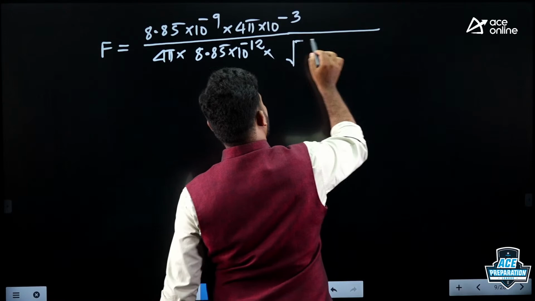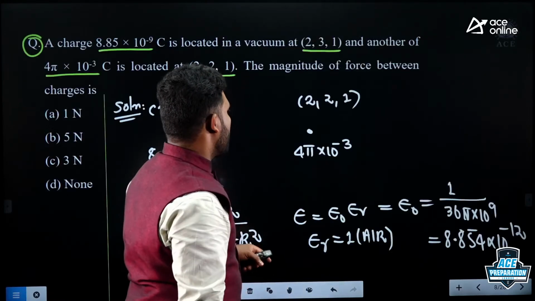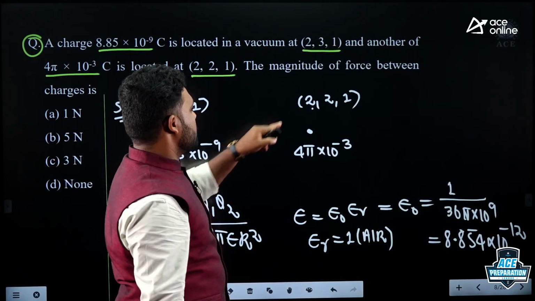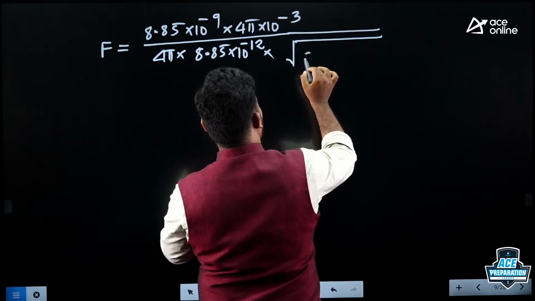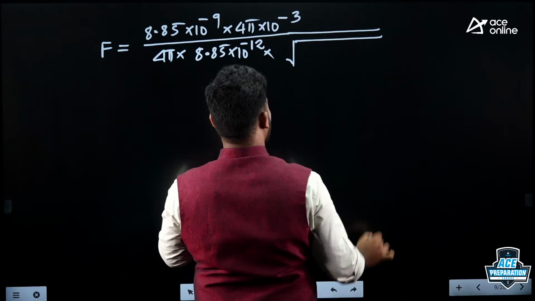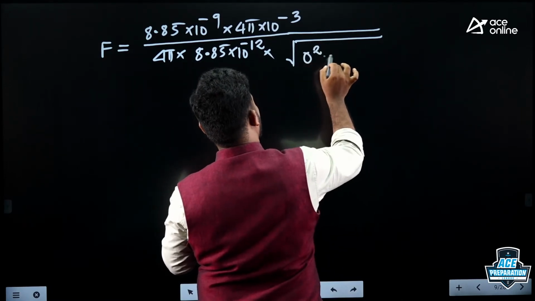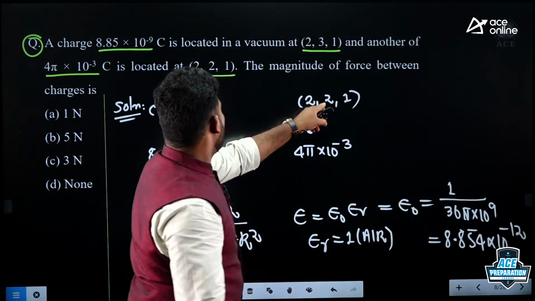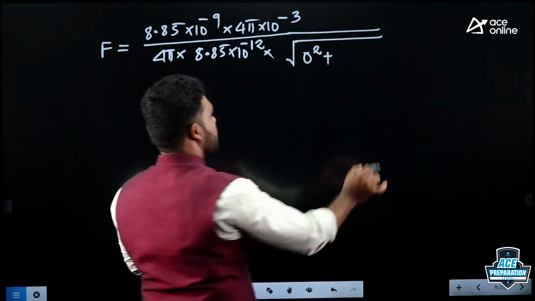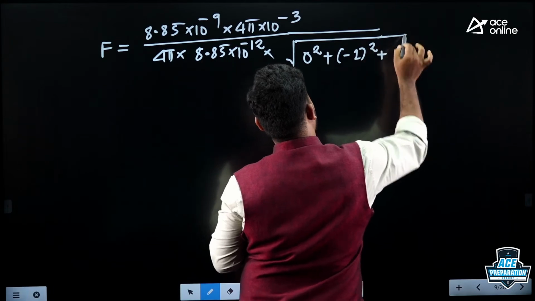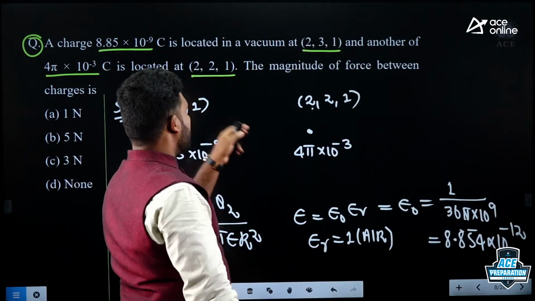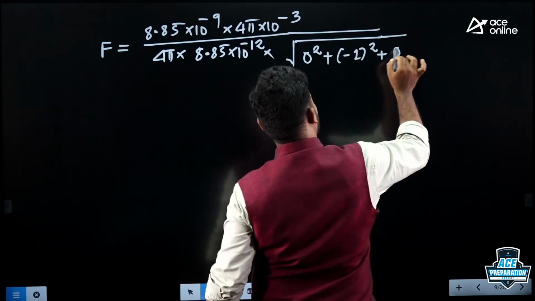How do you find out the distance between 2 points? 2 minus 2, it is 0. 2 minus 3, it is minus 1. It is 0 square plus minus 1 square plus 1 minus 1 is 0, it is 0 square.